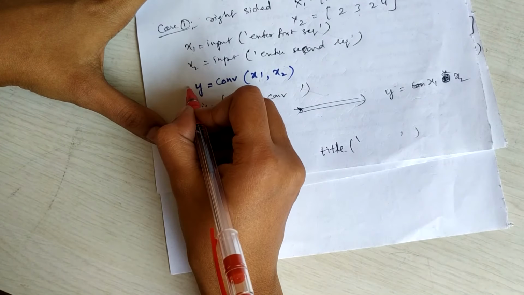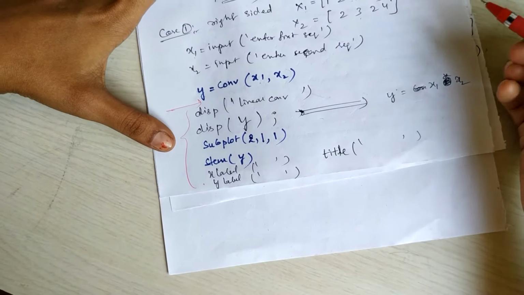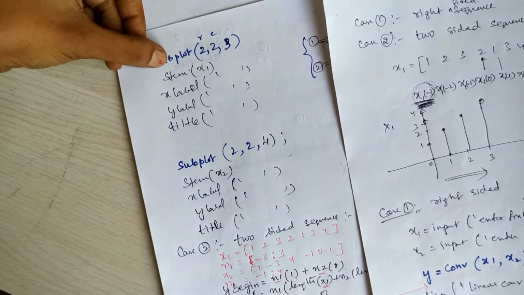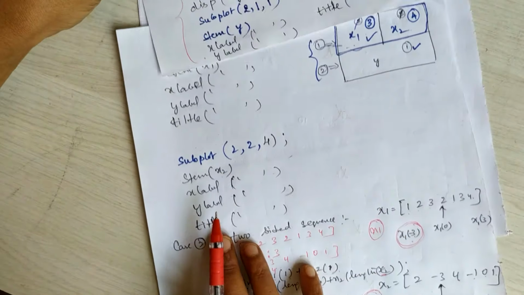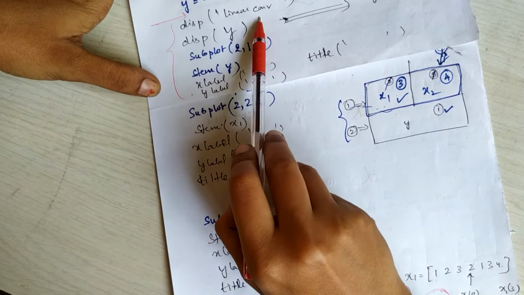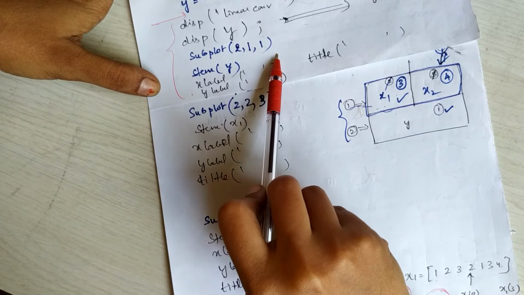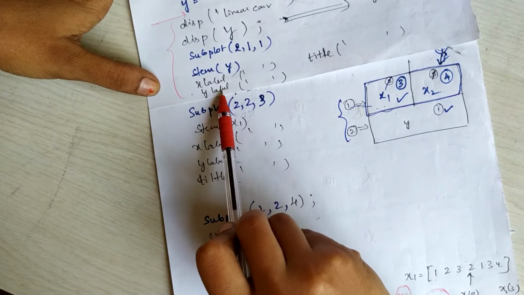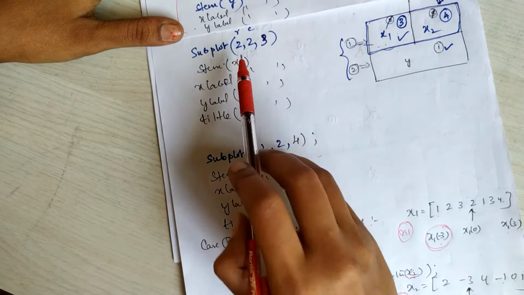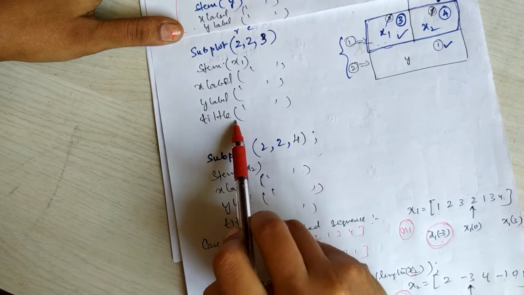The similar steps we need to repeat once again for the plots: disp linear convolution and disp the y value, subplot 2, 1, 1, and get the stem, x label, y label, title. Similarly for the second plot, subplot 2, 2, 2, 3, the stem of x1, x label, y label, title.